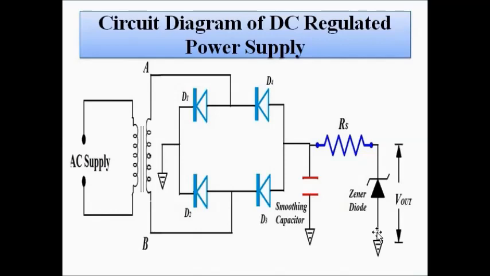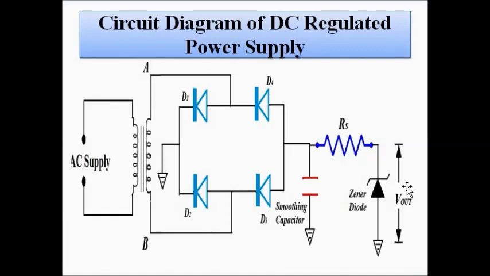Now I have already discussed in the PN junction diode voltage current characteristics that in the reverse bias mode of operation of a PN junction diode, when the breakdown voltage is reached, there is a sharp increase in the current through the reverse bias diode.